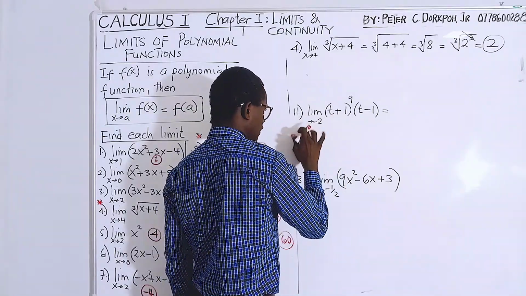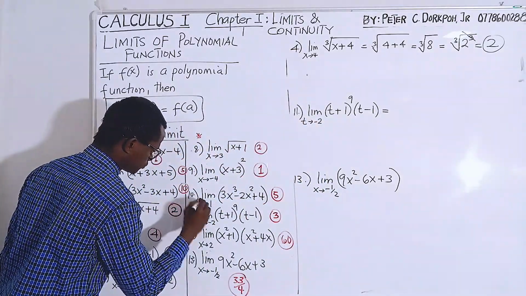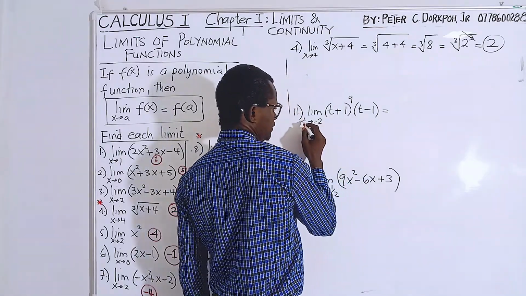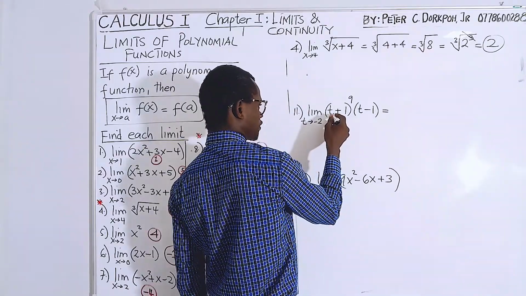But this thing was actually t. It was a slight error. So since now this is t, t now is not a constant any longer. T is a variable of the function.